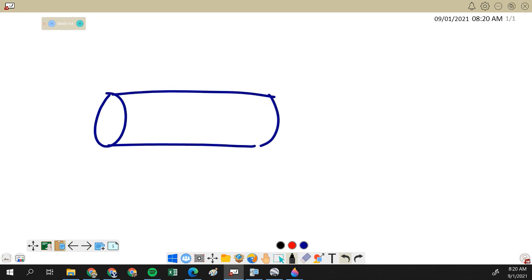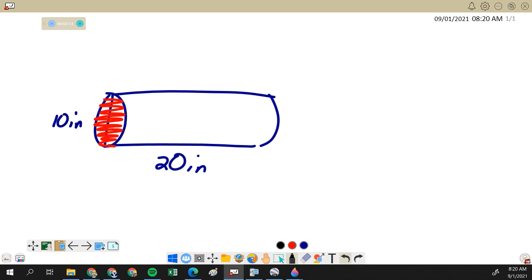So what if I had a pipe? And let's say the radius was 10 inches and the length of the pipe was 20 inches. So I need to find the area of this.